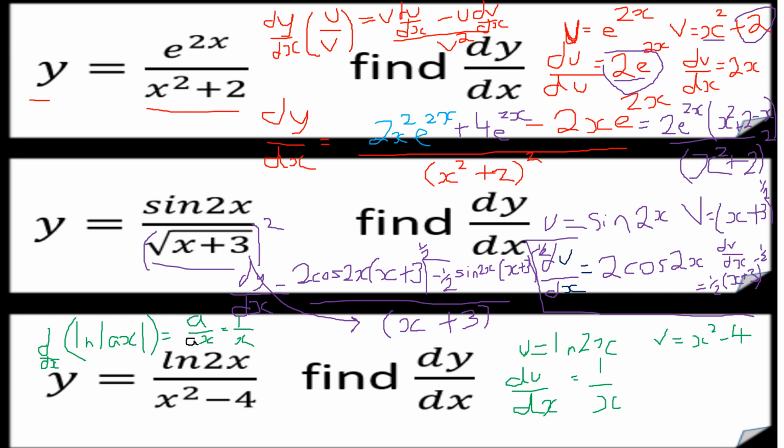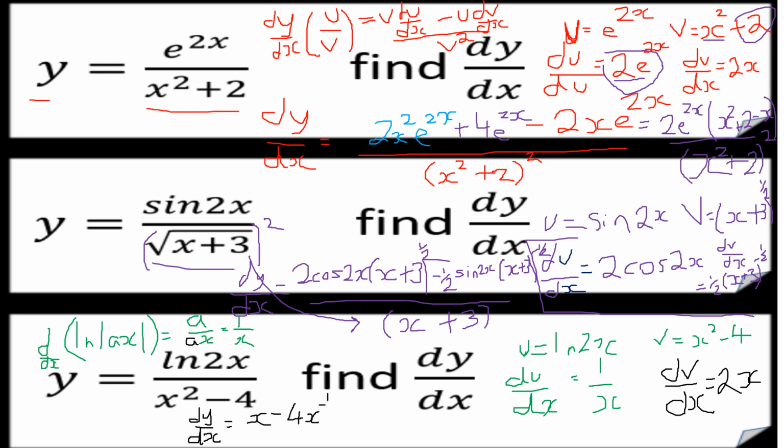Okay. And then differentiating v, dv by dx, x squared just differentiates to 2x. Now putting this all together, dy by dx is v du dx, so this times this goes to just x minus 4 over x, or 4x to the minus 1.